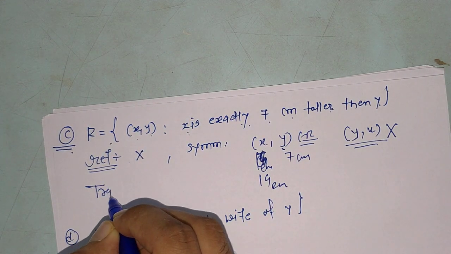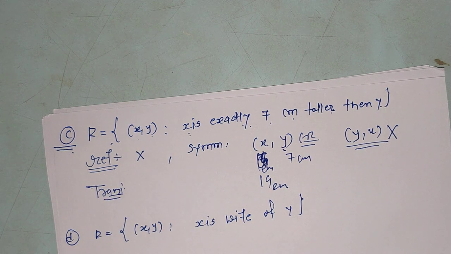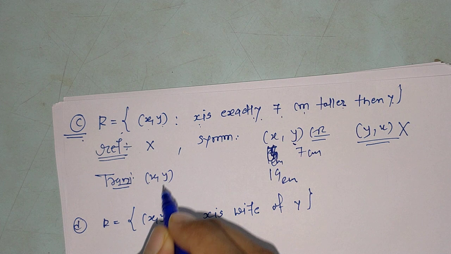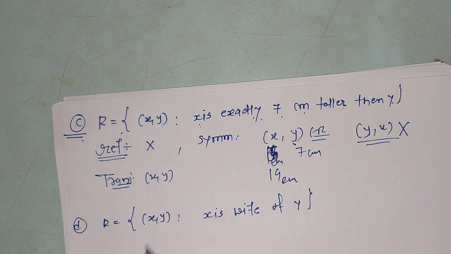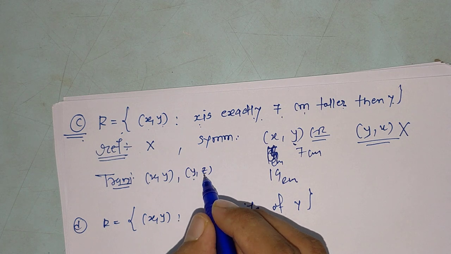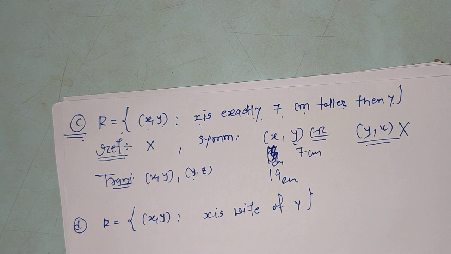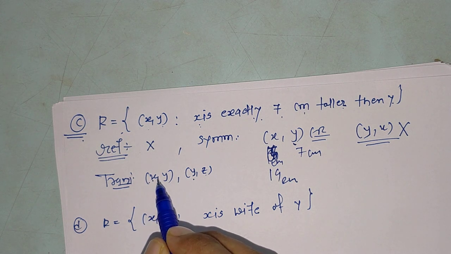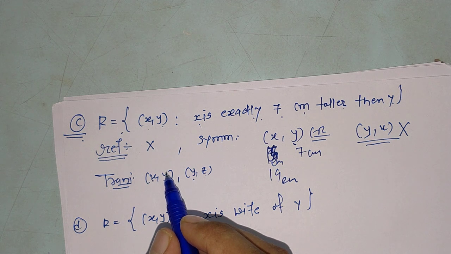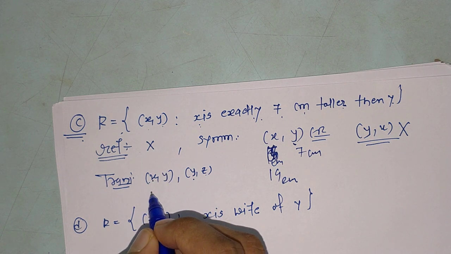Transitivity. Now (X, Y) means X is exactly 7 centimeter taller than Y, and Y is exactly 7 centimeter taller than Z. Let me take an example.